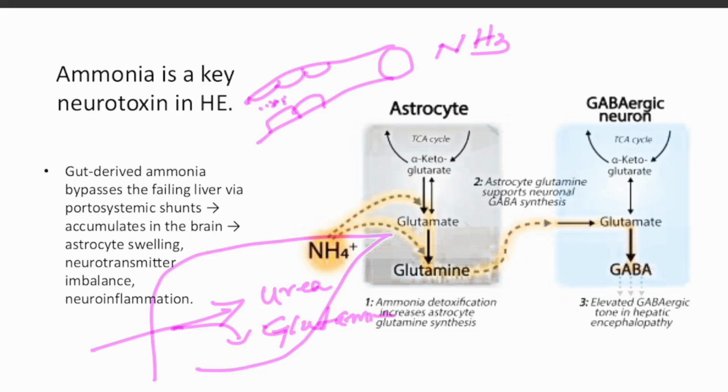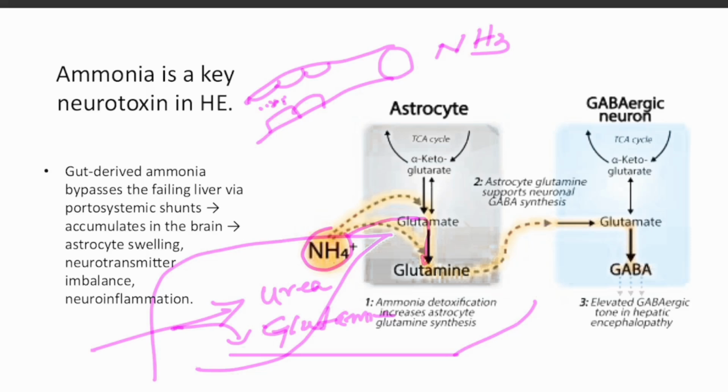When the liver is not functional, what happens? This ammonia enters the systemic circulation and reaches the brain. In the astrocyte, the ammonia combines with glutamate to form glutamine.